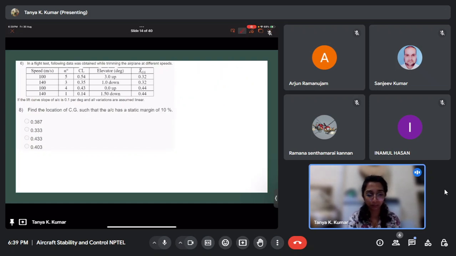Similarly, for a 10% margin, it's the same formula. So it's just static margin is x bar NP minus x bar CG. Static margin is 0.1, so 0.1 is 0.479 minus x bar CG. So in this case, what will be the answer?